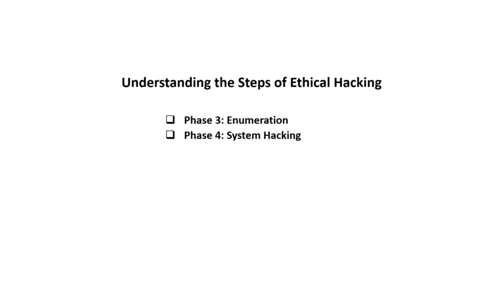Next, the third phase is enumeration. The last phase before you attempt to gain access to a system is the enumeration phase. Enumeration is the systematic probing of a target with the goal of obtaining user lists, routing tables, and protocols from the system. This phase represents a significant shift in your process.